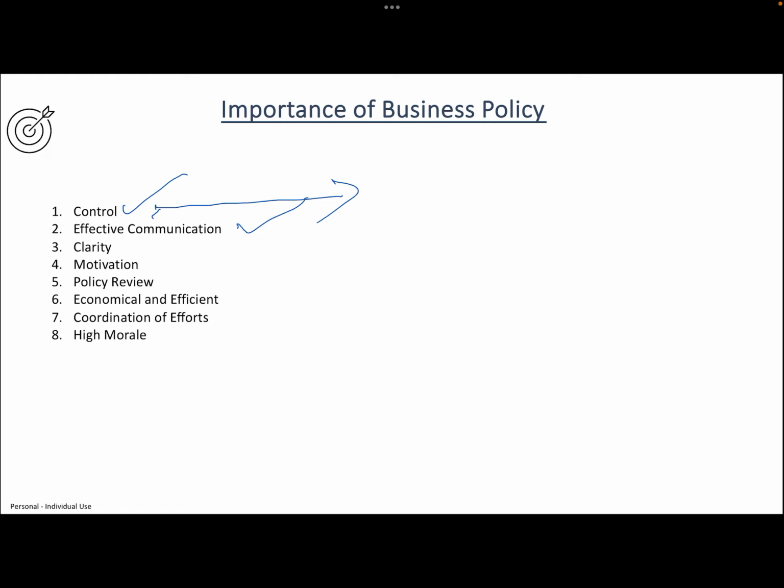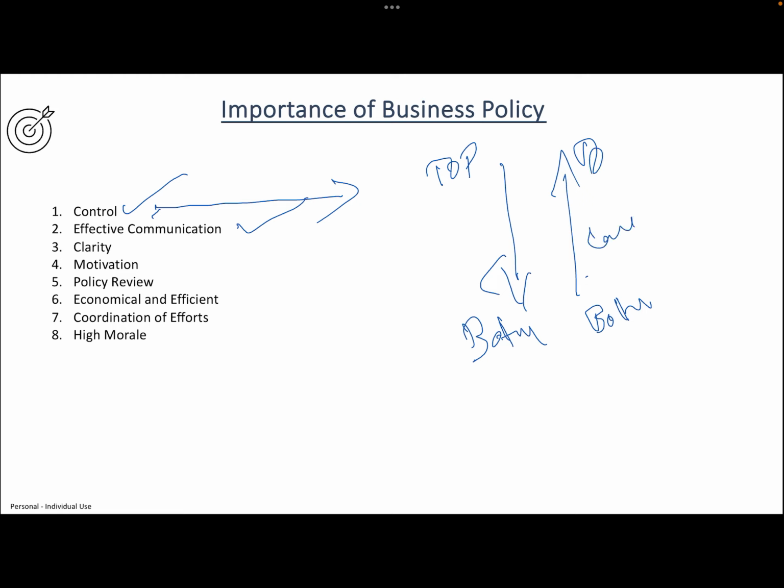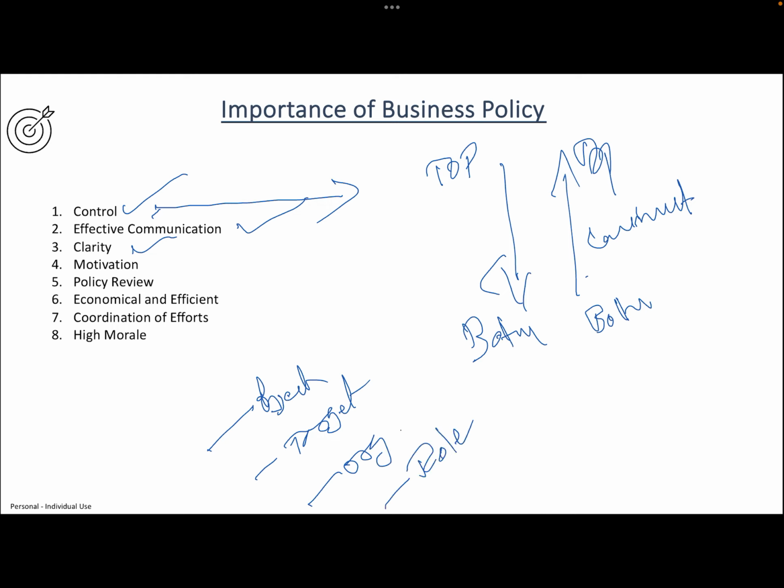Business policy will set up the proper organization structure, who will speak to whom, and how communication happens from top to bottom and bottom to top, all properly explained in the guidelines. In the same way, there will be clarity on the objective of the company, the targets for each department, the org structure, and the roles and responsibilities of each of the managers.